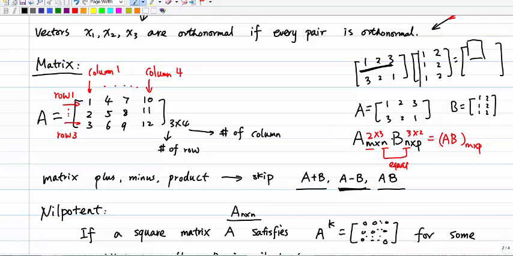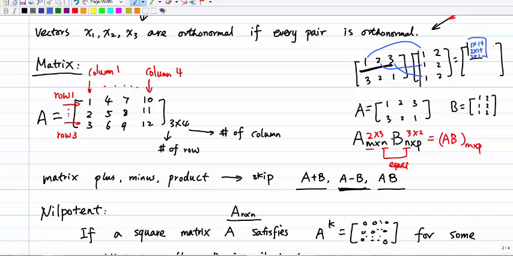You do the entry-wise product and compute the sum. So first one times the first one, second one times the second one, last one times the last one. Then you compute the sum. So it's 1 times 1 plus 2 times 1 plus 3 times 1.